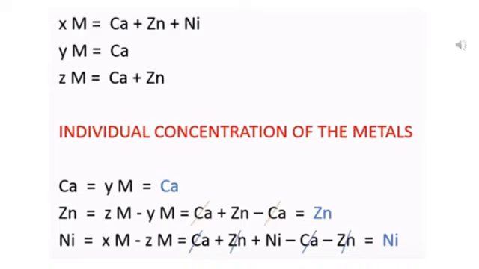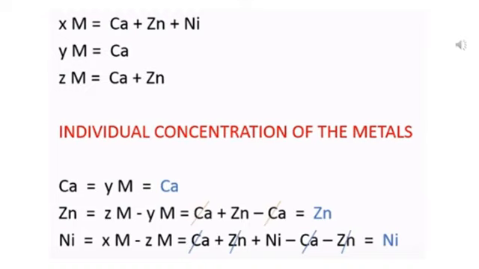And next is Zm, in which calcium and zinc can form complexes with EDTA, but nickel cannot form a complex. So we can find individual concentrations from all three titration types, using masking and demasking agents.